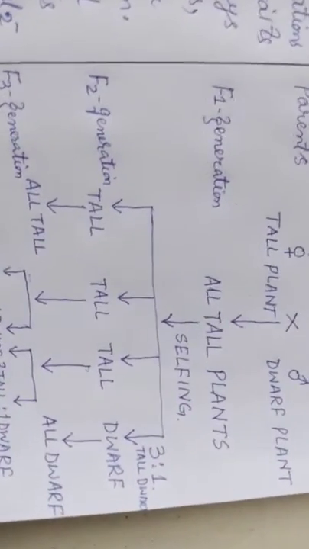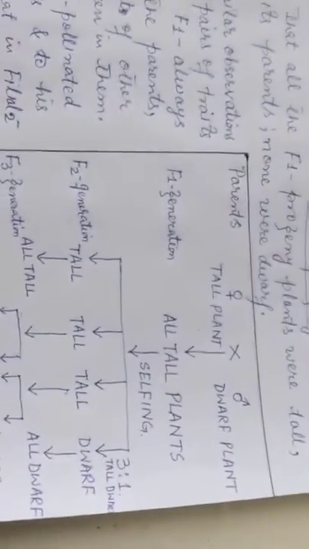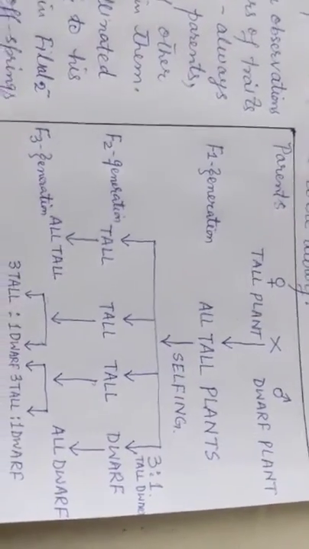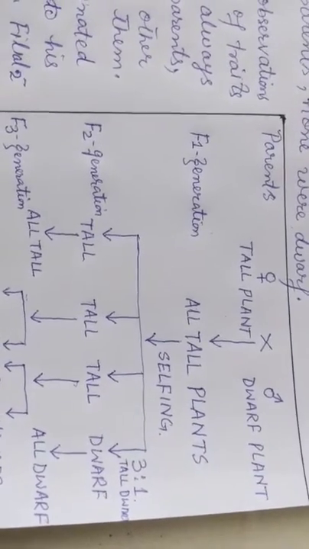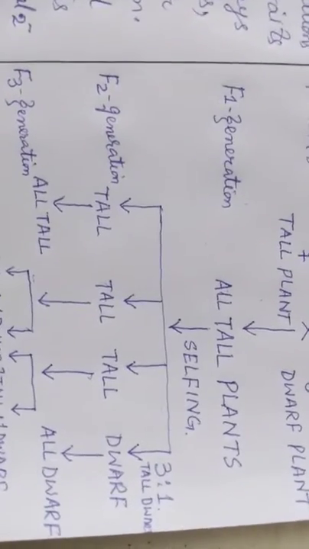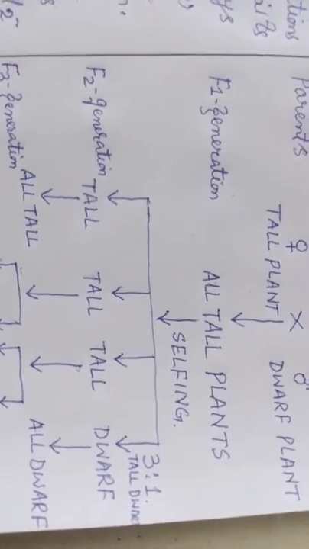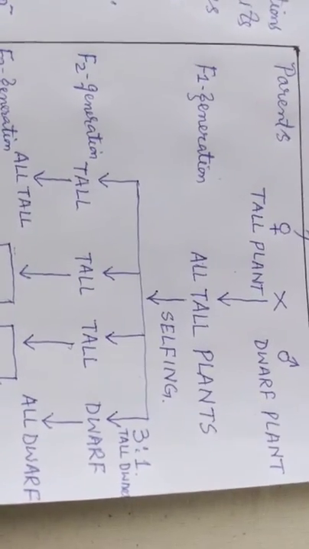You can visualize here that when all tall plants were subjected to selfing, they produced seeds, and the same seeds were sown to give the F2 generation. The plants were produced in the ratio of 3:1, with 3 of them being tall and 1 dwarf.